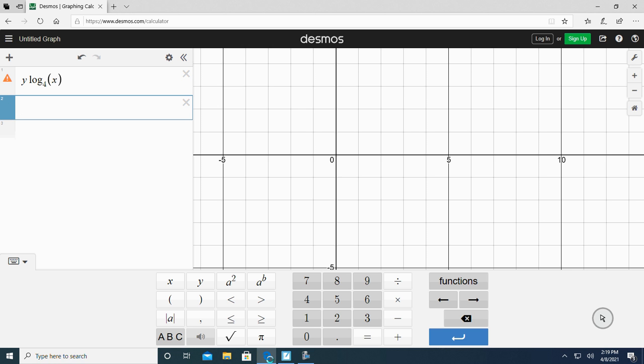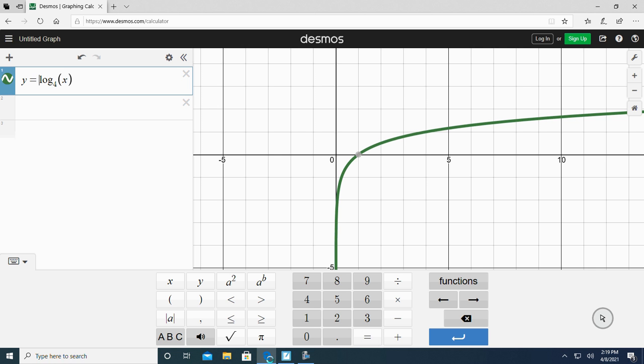Oops, I forgot the y equals. That's my problem. So again, it still looks very much the same. Flattening the curve is what's taking place. So that's essentially how you walk through all those.